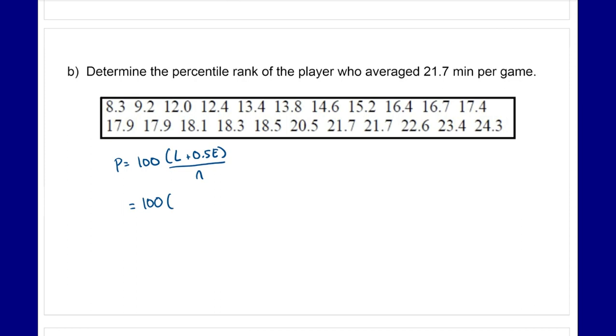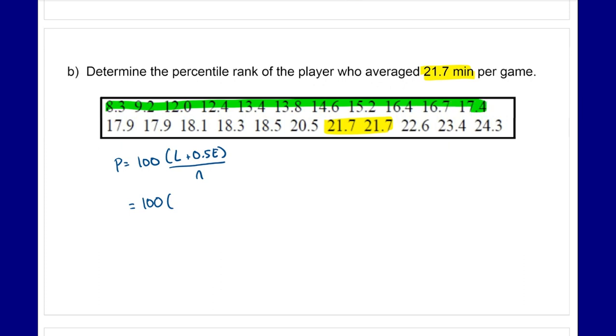L refers to the number of values less than, right? So we go through our data. We're using the ordered data because, again, it needs to be ordered. In this case, we find our values. So because we're looking for 21.7 minutes, we find those values in the table. We will come back to those. We then need to look for L, which is the number of values less than.